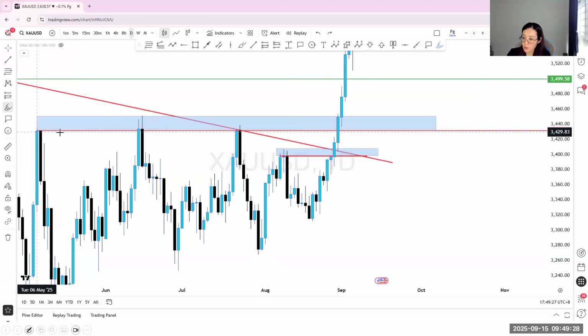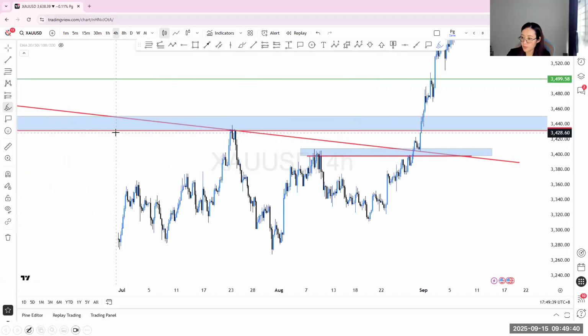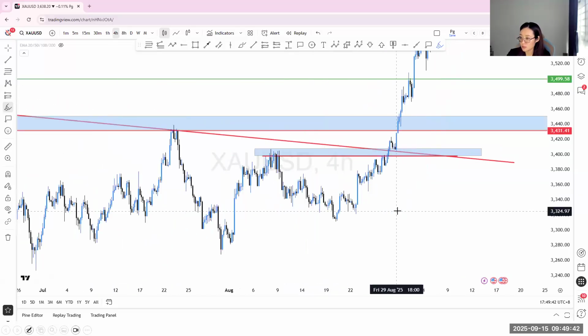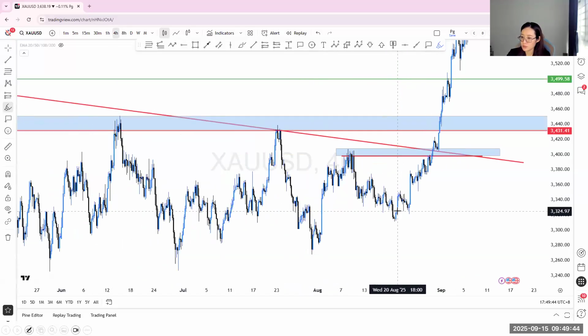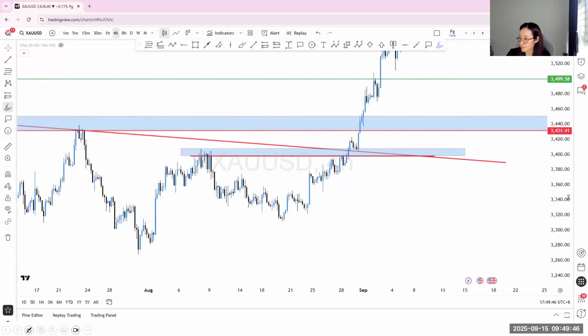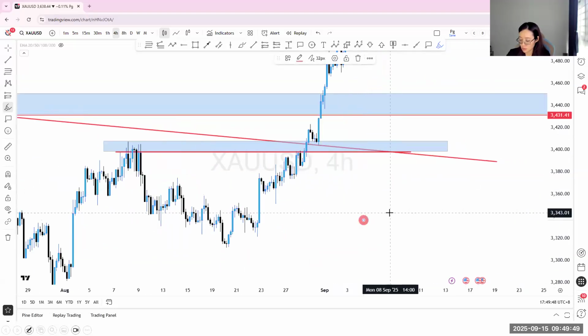Because before that, this body says that there's a rejection, but on August 29, this is a strong bearish move. If we look at H4 to have some kind of confirmation, what do you see? I'm going to pull out the indicator, which is the RSI, to look for overbought.